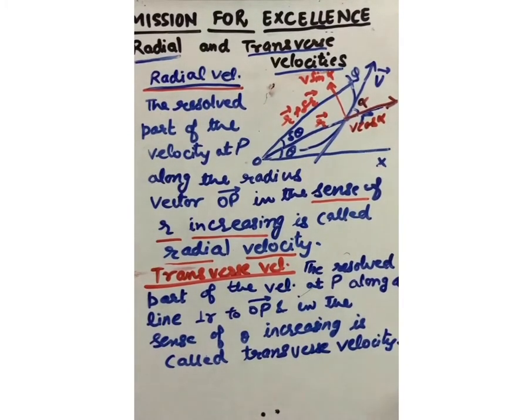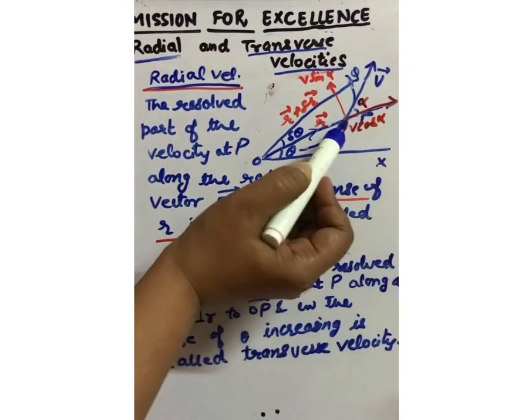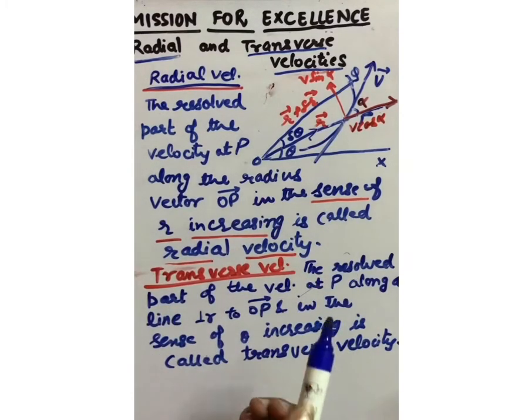So these are two types of velocities, one along the direction of the radius vector and another in the perpendicular direction of the radius vector.